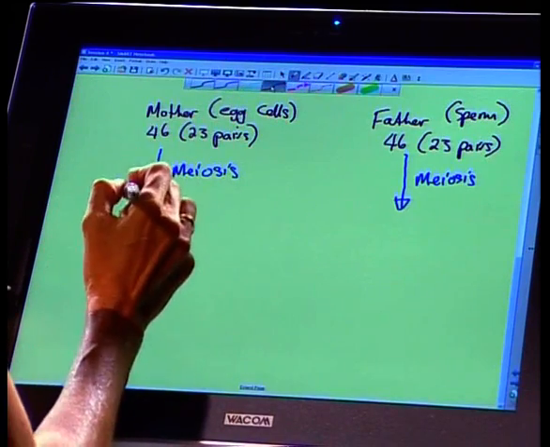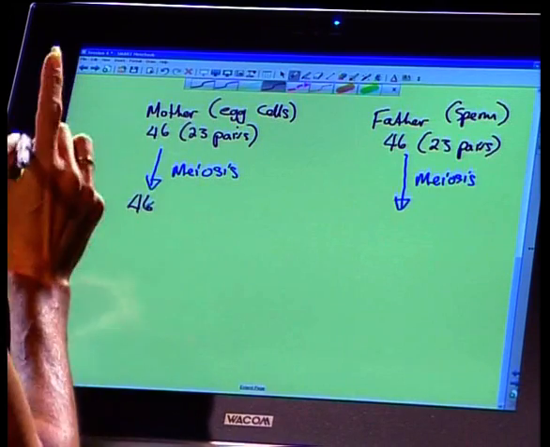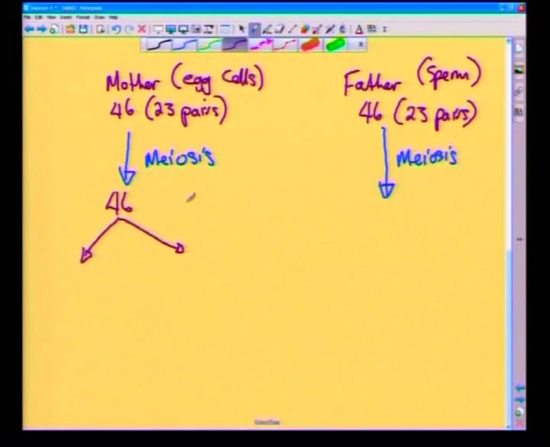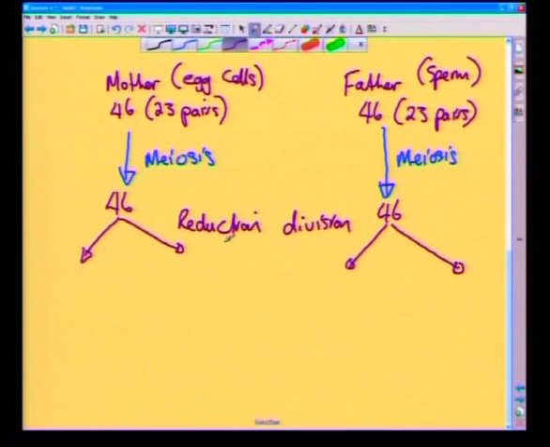So in the female, we're going to take those 46 chromosomes or 23 pairs, and we're going to have reduction division. Something else, the mother is going to be written as 2N, which means she is diploid.